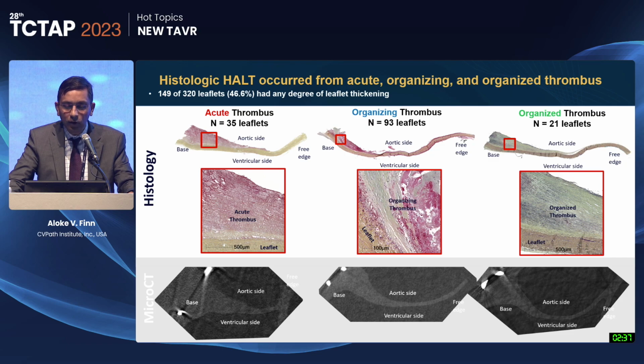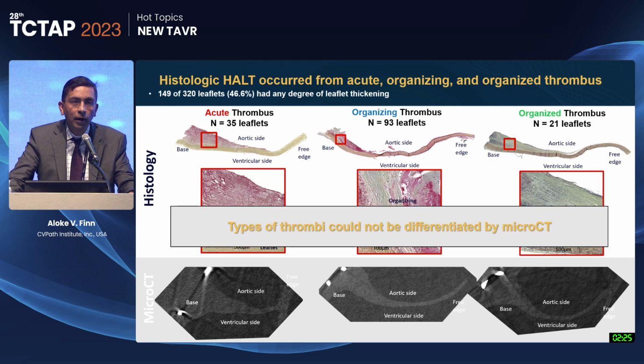And you can see histologic HALT occurred from acute, organizing, and organized thrombus. And you can see here we had acute thrombus in 35 leaflets, organizing in 93, and organized in 21. The stage of thrombus organization really could not be differentiated by micro-CT.